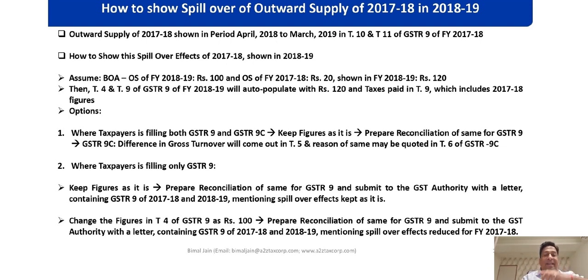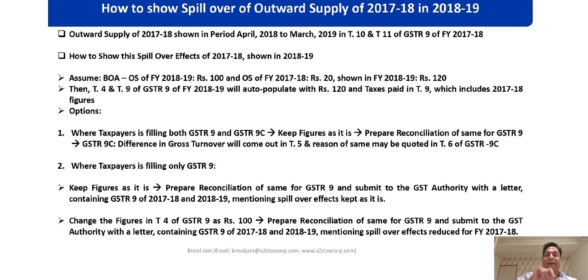Now, second category, if you are a taxpayer not filing 9C, you are only filing GSTR-9. GSTR-9 is optional if your aggregate turnover is less than 2 crore, and if it is between 2 crore to 5 crore, then GSTR-9 is compulsory, but 9C is not compulsory.